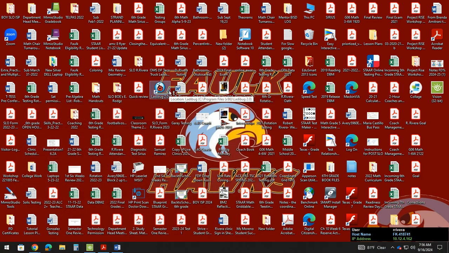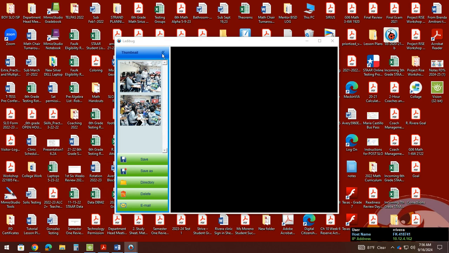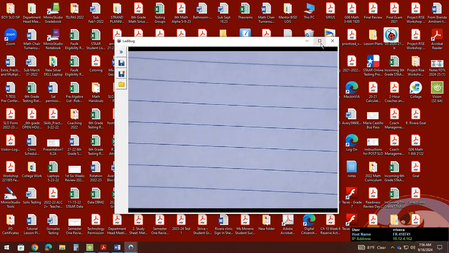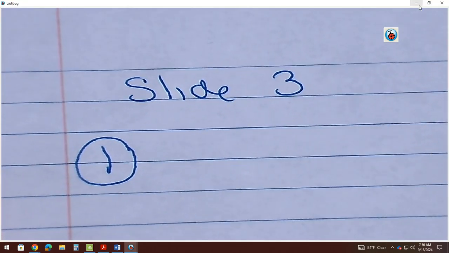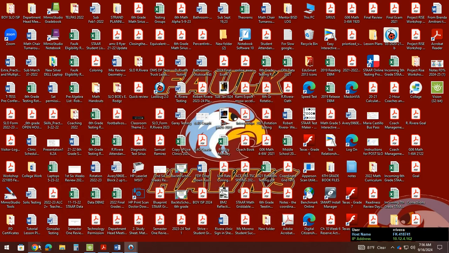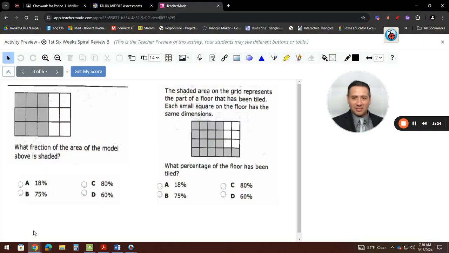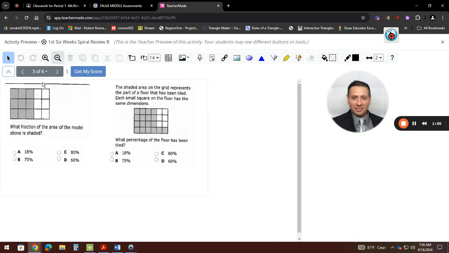Here we go. So slide 3, number 1. It says, what fraction of the area of the model above is shaded?